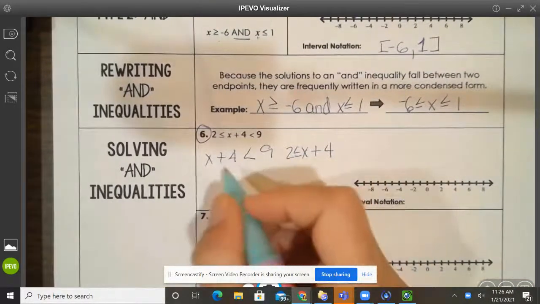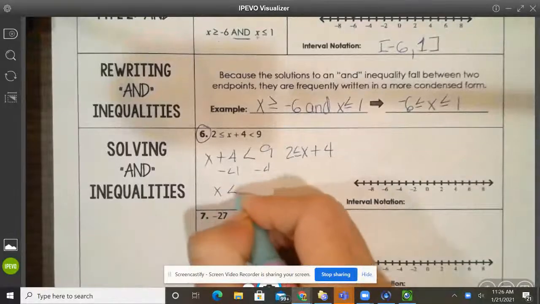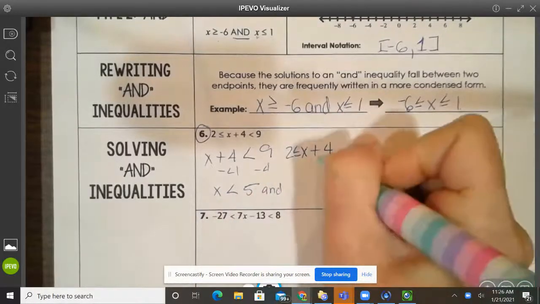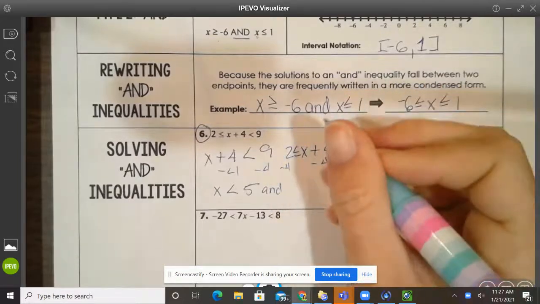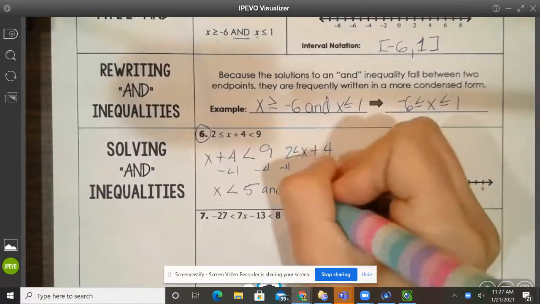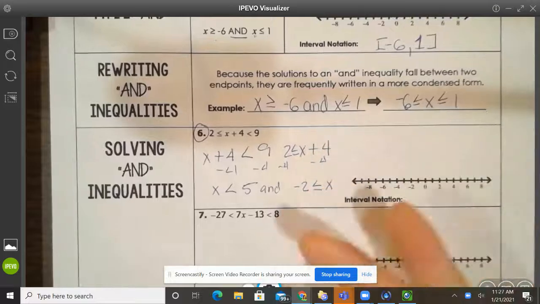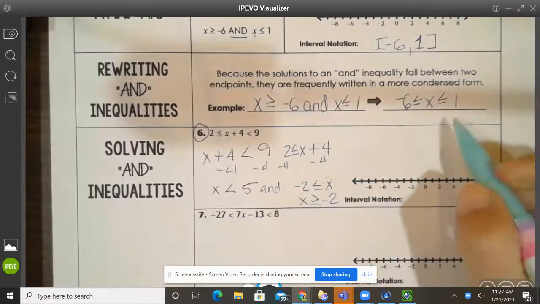And then you solve each. So that's minus 4, that's x is less than 5. And you have minus 4, that's negative 2, and then it's less than or equal to x. Remember, you can switch this like that, and it's the same thing, right?